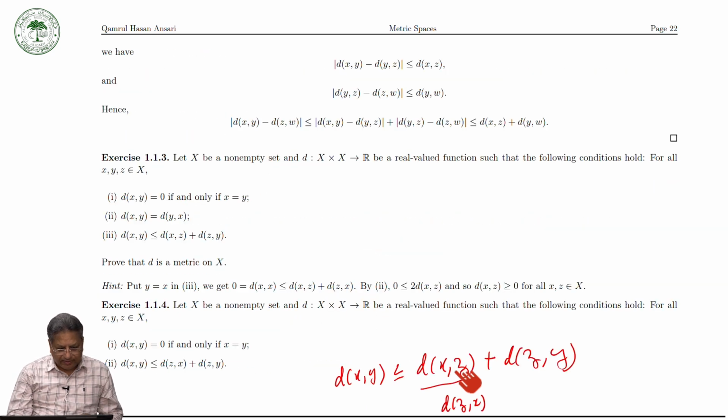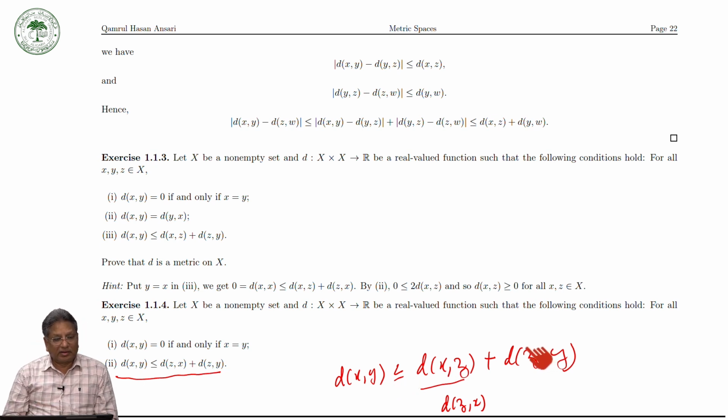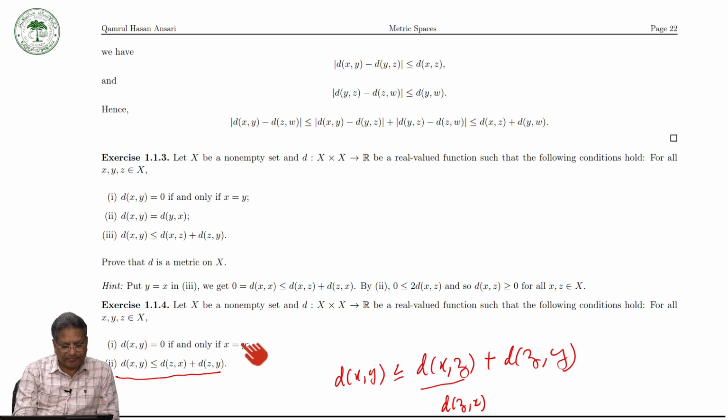Keep in mind, this triangular inequality is quite different from the triangular inequality given in the definition of the metric. So what is the problem? The problem is that we do not have the symmetry condition. So we will have to prove the symmetry condition.